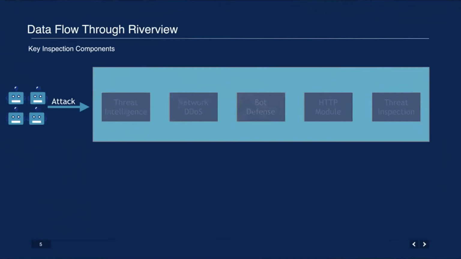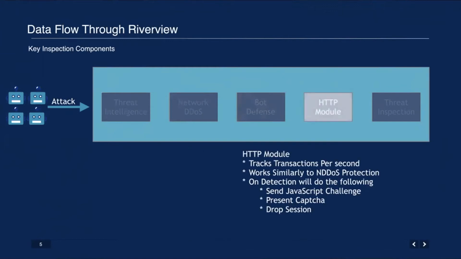The next part here is the HTTP module. What the HTTP module does is very similar, mathematically speaking, to the way the network denial of service functionality works, except instead of tracking traffic over time, it tracks transactions per second. So when we have that tracking threshold and that blocking threshold, because we're dealing with HTTP transactions and protecting websites, we obviously don't want to just start blocking things willy-nilly.